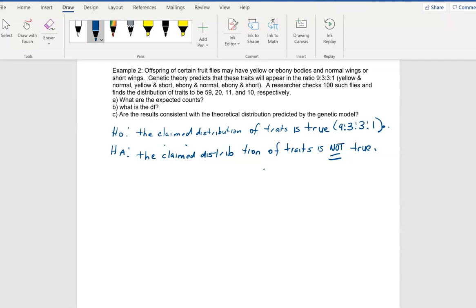Next, we talk about the conditions. Theoretically, we should know if the flies were randomly selected. Since we weren't told, we're going to say random sample assumed.